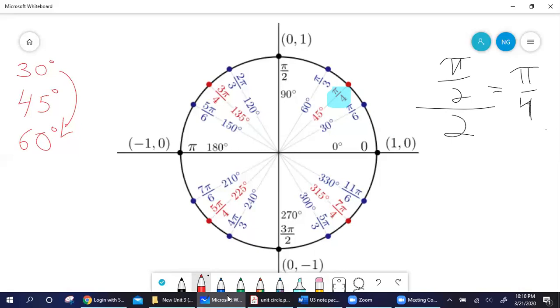So 45 degrees, think of it as 1 pi over 4. Then the next 45, which is up at 90 degrees, would be 2 pi over 4. But that reduces to pi over 2. If I can just keep counting, the next 45 was 3 pi over 4.